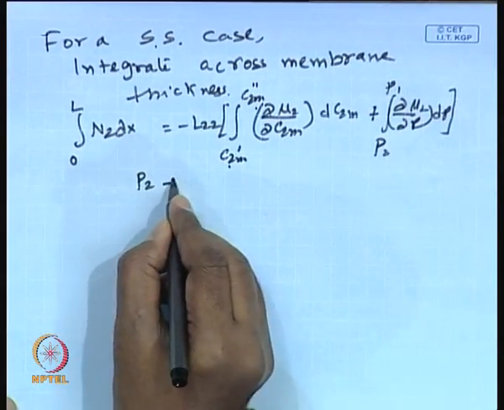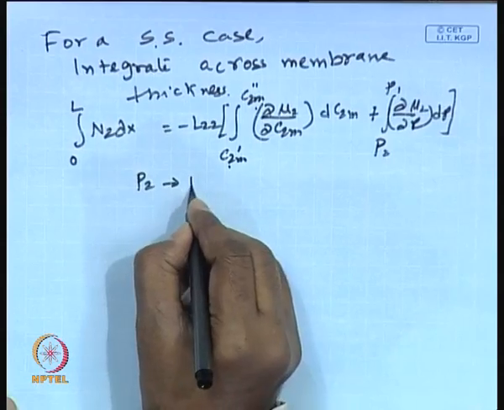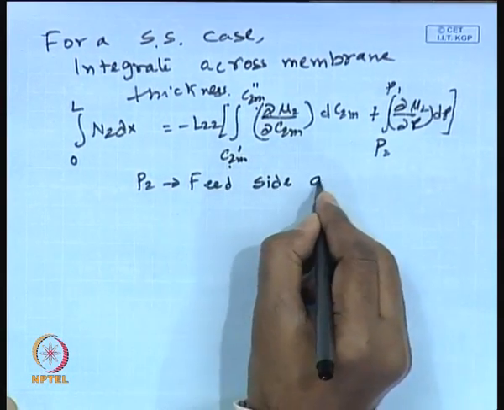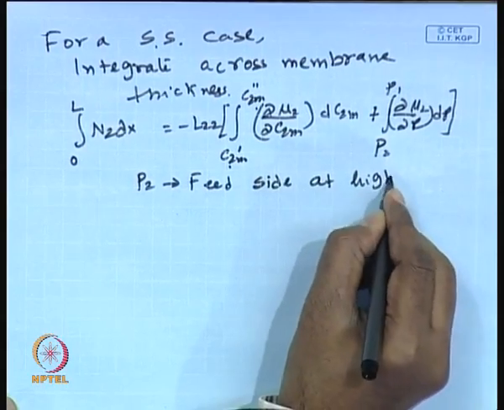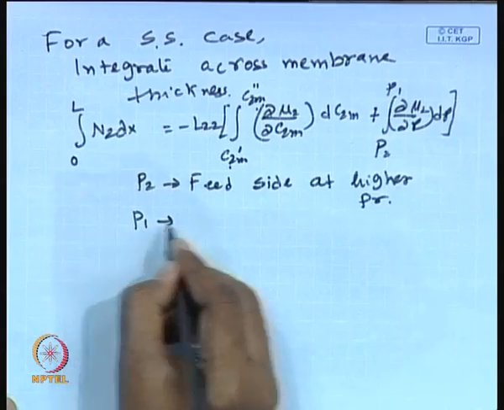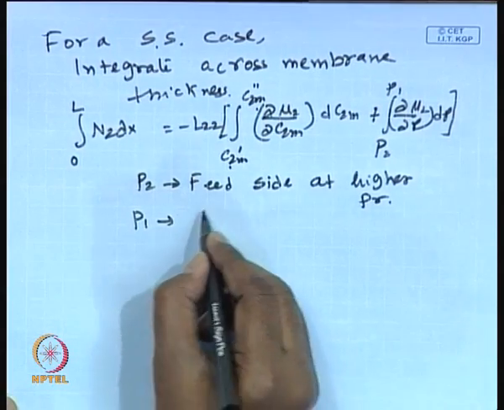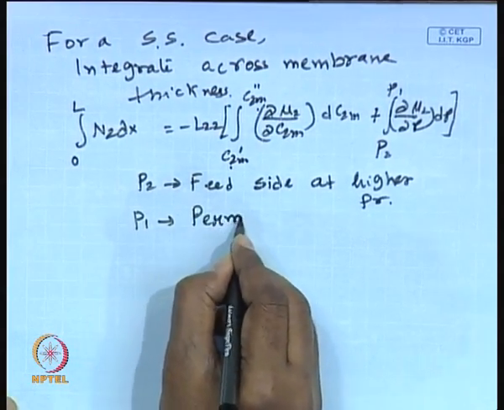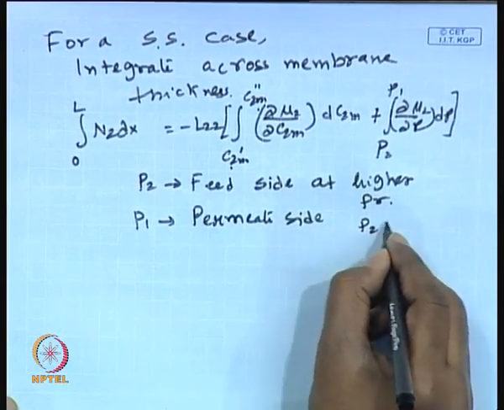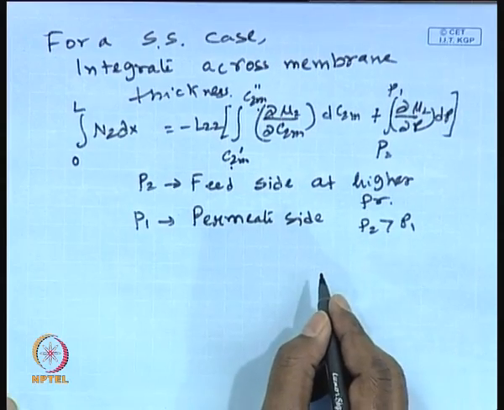P2 is the feed side, at higher pressure because it is a reverse osmosis membrane, and P1 is the permeate side pressure, and P2 is greater than P1.